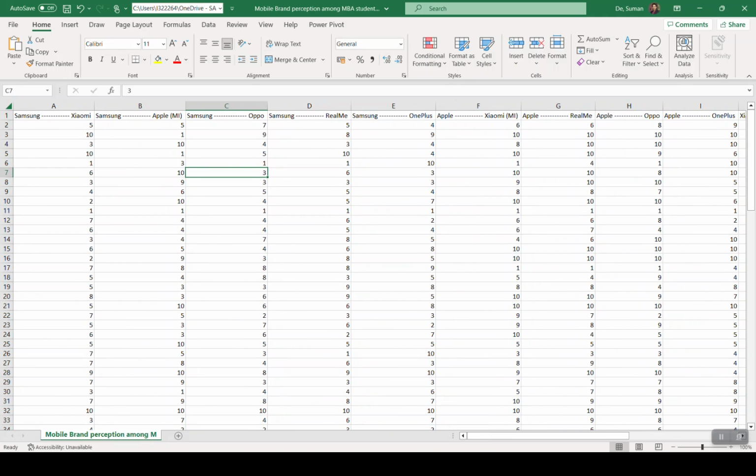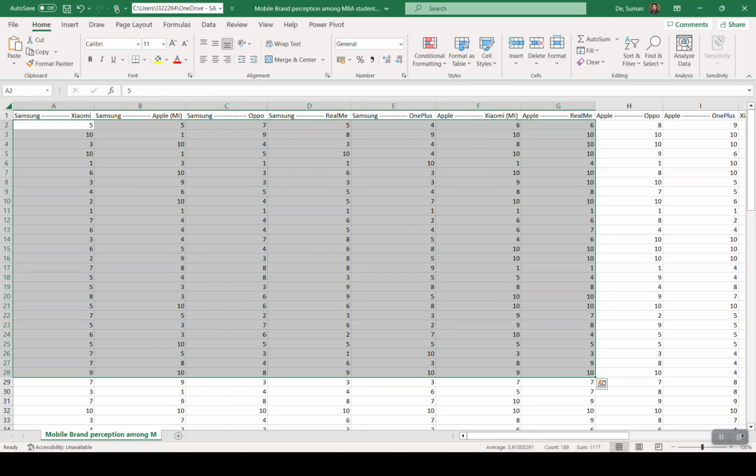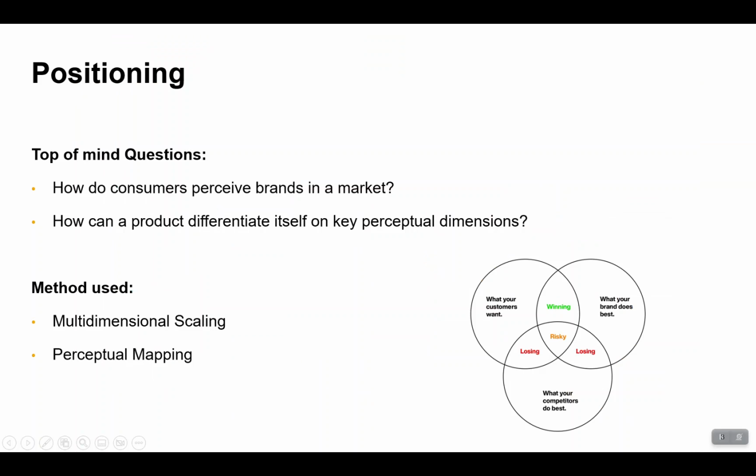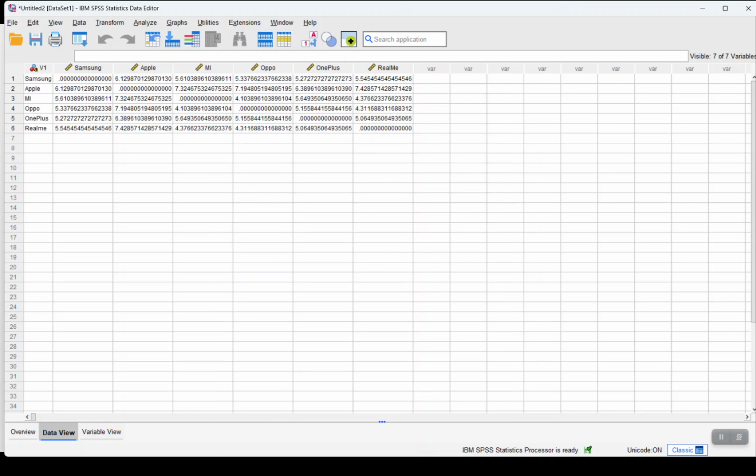Now, the first thing that we need to consider is, for each of the comparisons provided by each of the respondents, we cannot do the analysis just using this particular data set. What we have to do is take the averages or mean values for each of these columns. For the sake of time, we have already taken them in this SPSS file, where Samsung to Samsung comparison or a product to product comparison is always 0 along the diagonal, but for every other product there is a comparison value available.